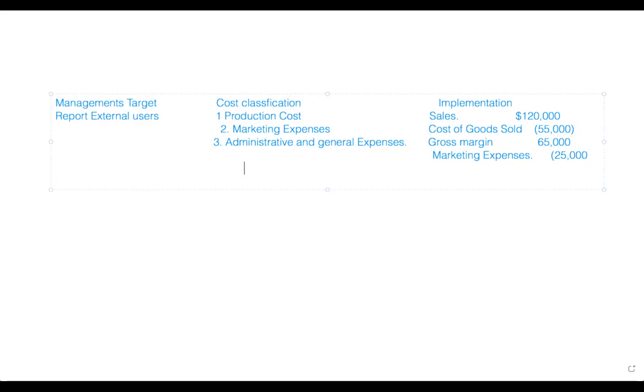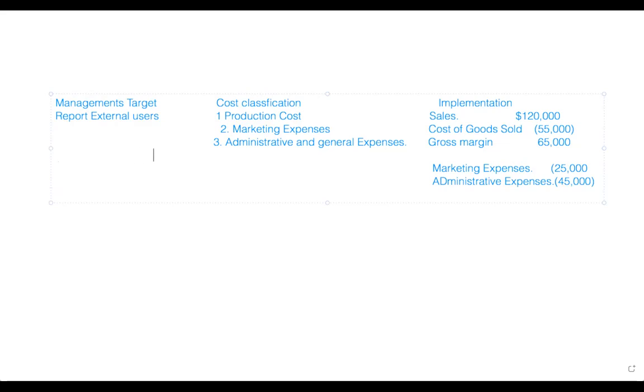And then the administrative expenses in here, so around 45,000. So this is actually the total of operating expense, right?